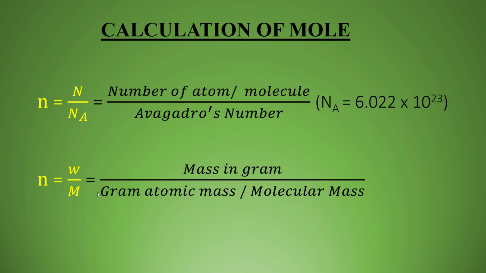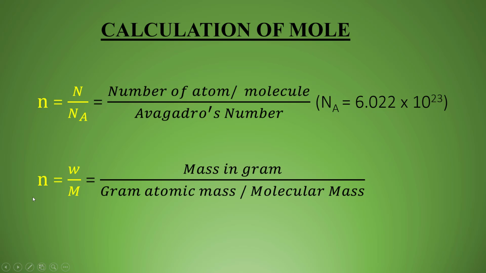Now moving on, there are two very simple relations for calculating mole. Number one formula is mole, represented by small n, is equal to N upon Na, where N represents number of atoms or molecules and Na represents Avogadro's number, whose value is 6.022 into 10 to the power 23.